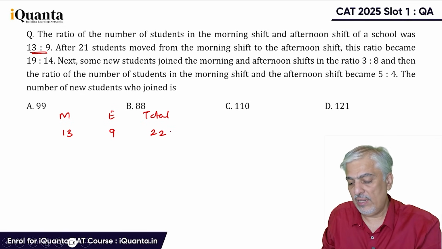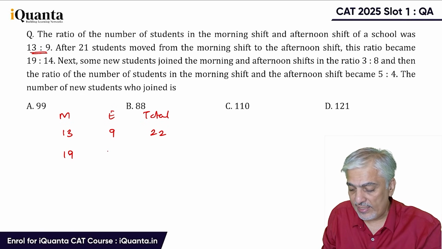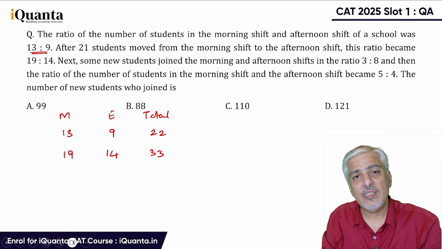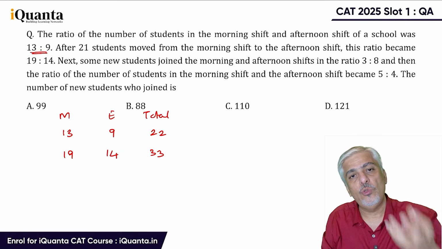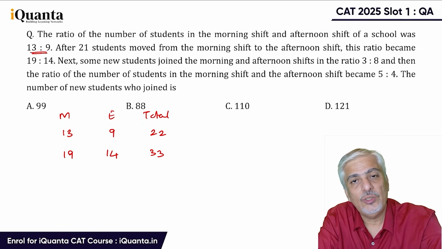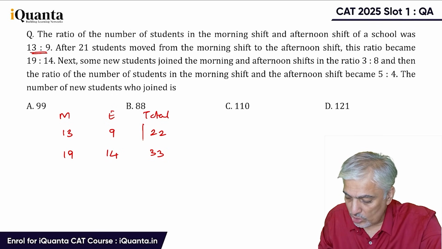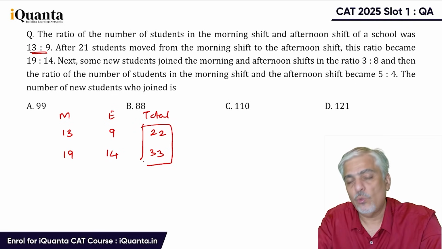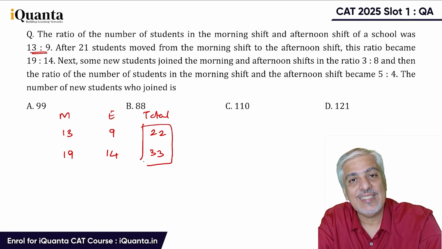Same way you can write later it became 19:14 and the total became 33. Now if you understand the logic, 21 students moved from one shift to the other shift. Does that mean the total changed? No, no, total number of students remain the same only. So can we make this total same by taking LCM? What is LCM of 22 and 33? 66.